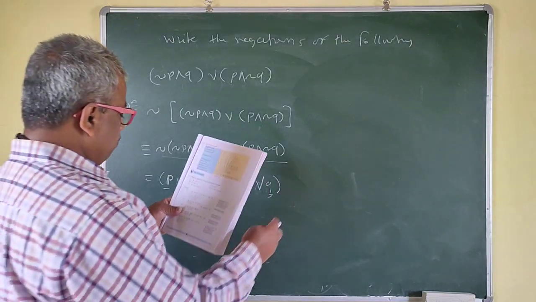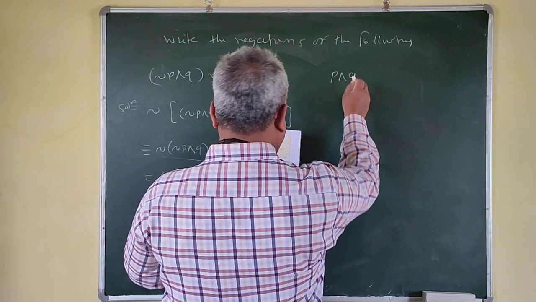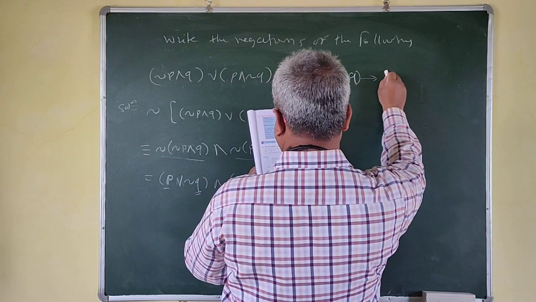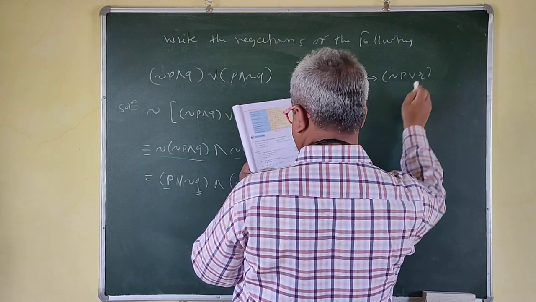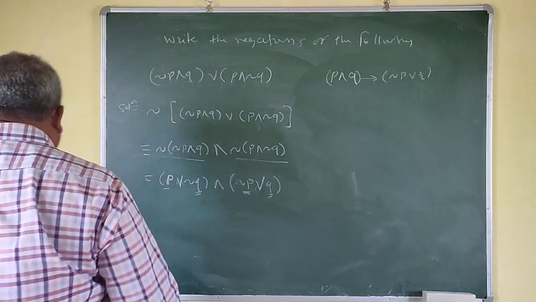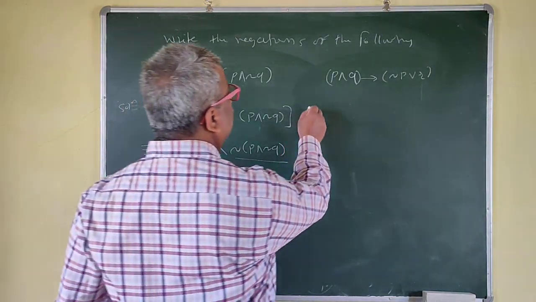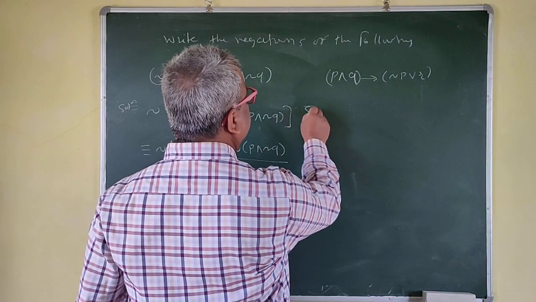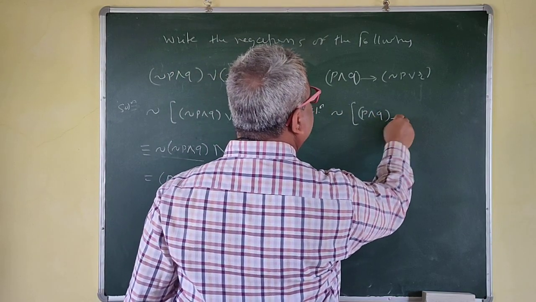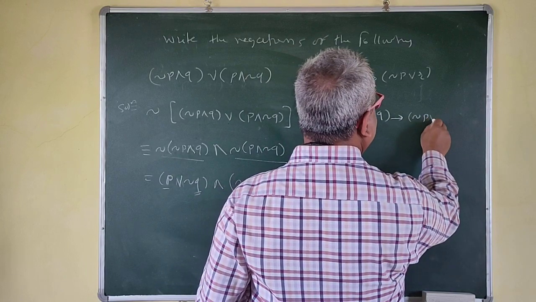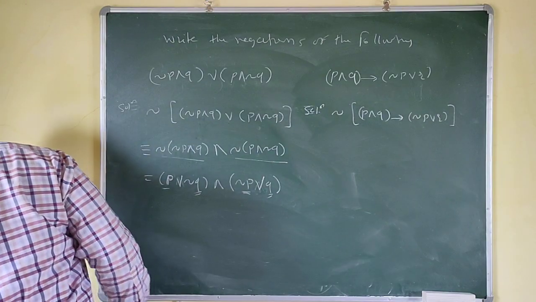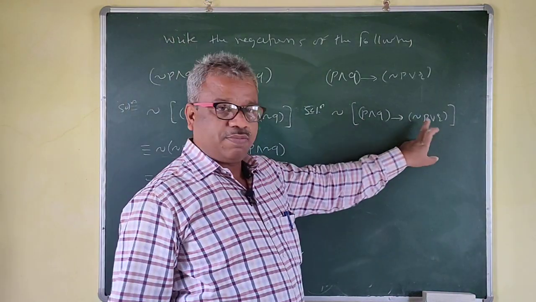Next, P and Q implies negation P or R. So the solution: negation of (P and Q) implies negation P or R. So we'll write that P implies Q. This is P implies Q first.